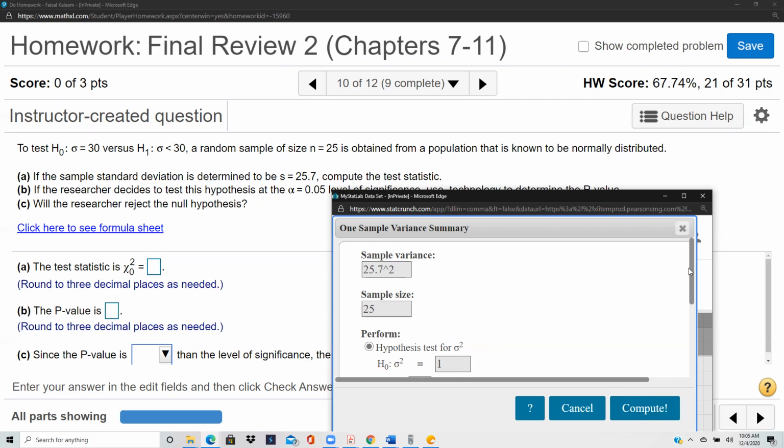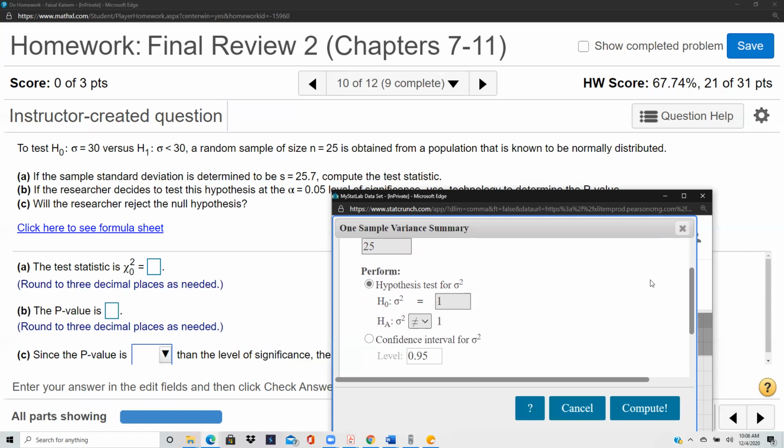Okay, so then what else do I do? Make sure the hypothesis test is right. So we need it to be 30 and the second sign to be less than. Be careful.